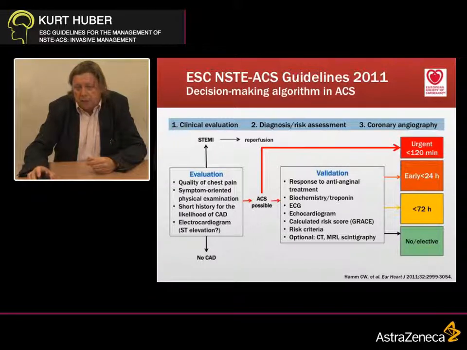Symptom-oriented physical examination is important, so not all typical locations of chest pain mean that this comes from the coronaries. A short history for the likelihood of coronary artery disease is important. So, for example, is there an increase of pain within the last few days?